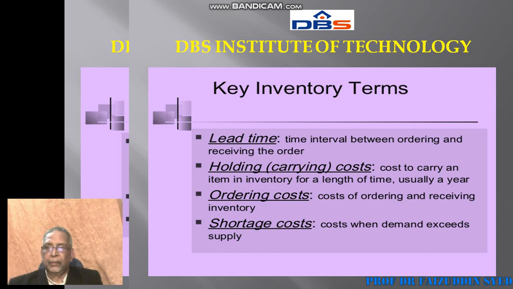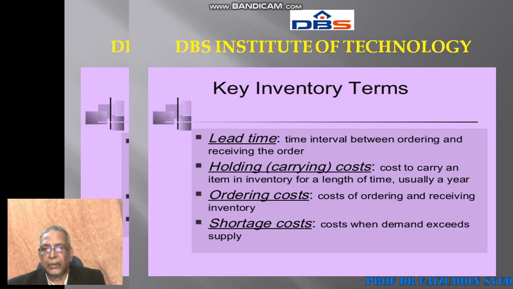Then holding, that is carrying cost: the cost to carry an item in inventory for a length of time, usually a year. Then ordering cost, the cost of ordering and receiving inventory. When you are ordering something, there will be some costs: documents, paper, transport, and so many things. These are hidden costs, but still there is an ordering cost.